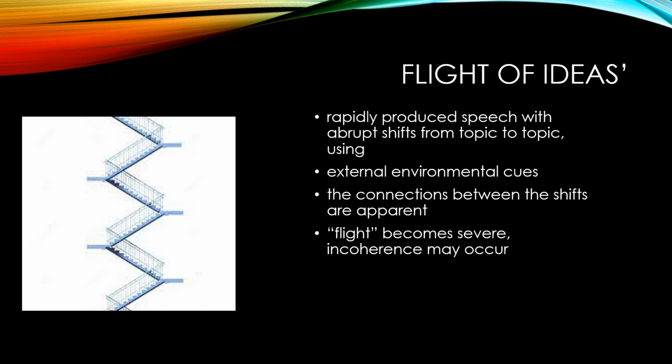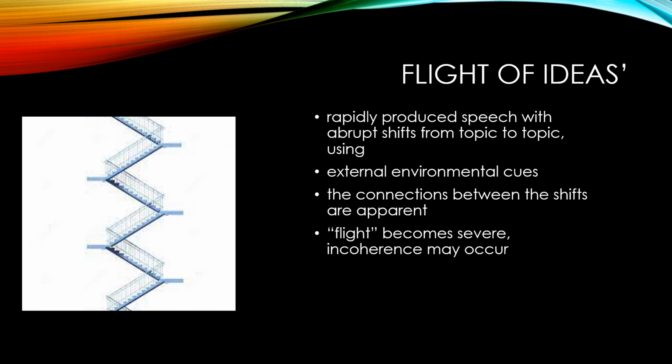So that is how the patient's speech is. The words or the sentences are connected to each other. The patient will be talking very fast, very loudly, and there will be shifts from one topic to the other. And the patient will use some external cues or some rhyming, some punning, but there will definitely be a connection between these sentences.